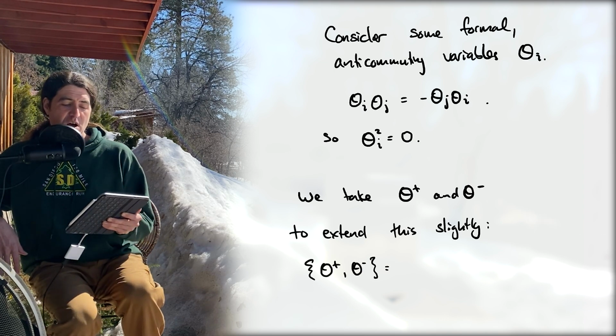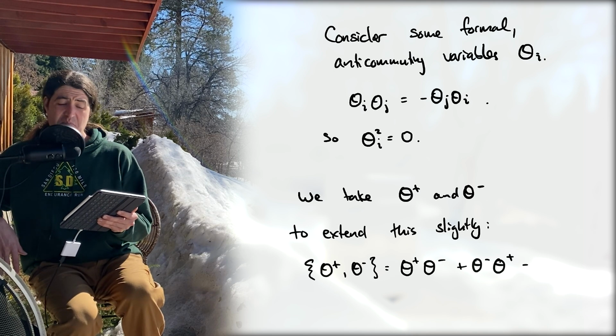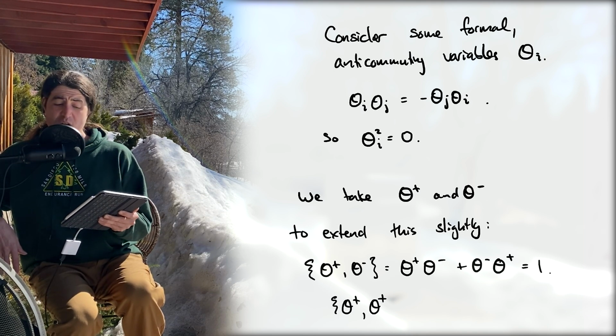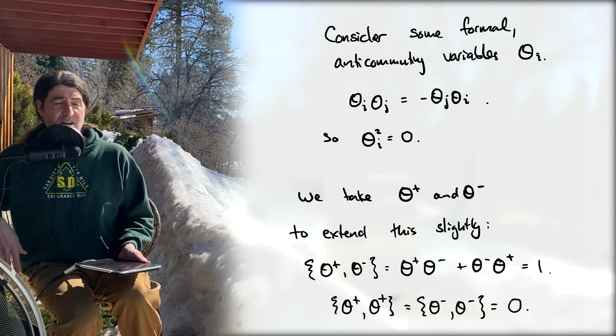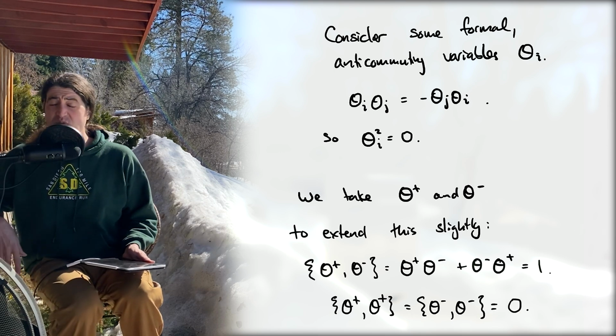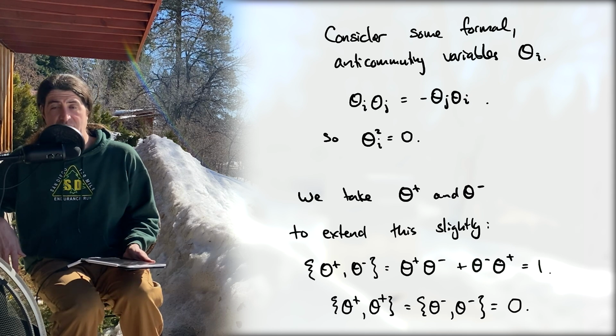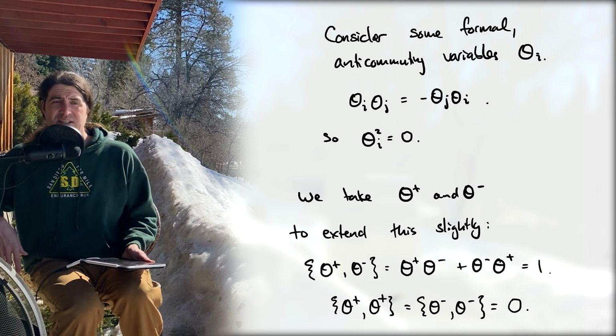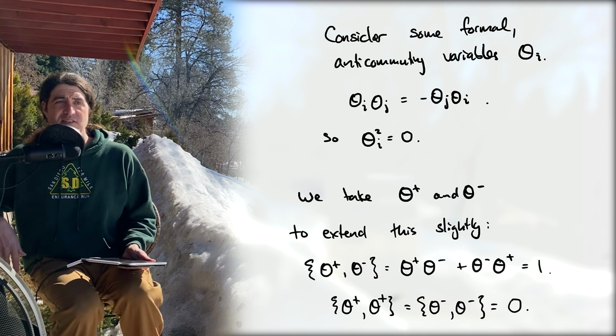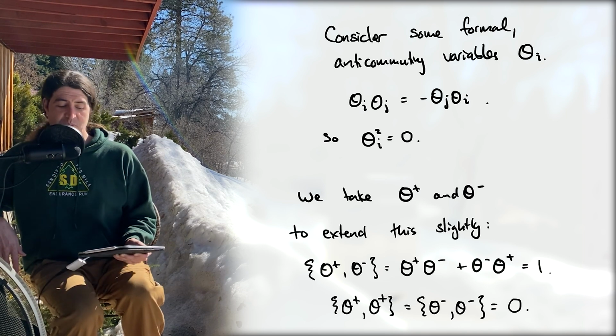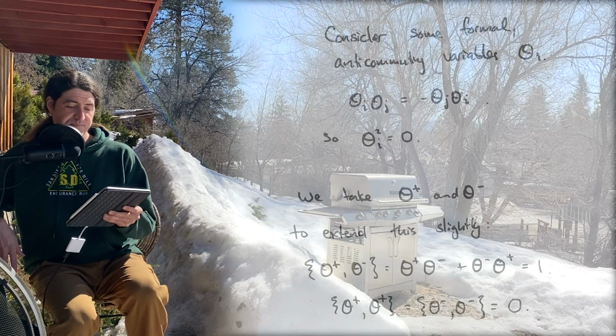Namely, the anti-commutator of theta plus with theta minus is given by 1, and theta plus or minus with itself is given by 0. Here the curly braces represent anti-commutators, which is to say, an anti-commutator of A and B is given by AB plus BA. Anti-commutators are useful for discussing things like Clifford algebras, which hopefully we'll get to in a future video.